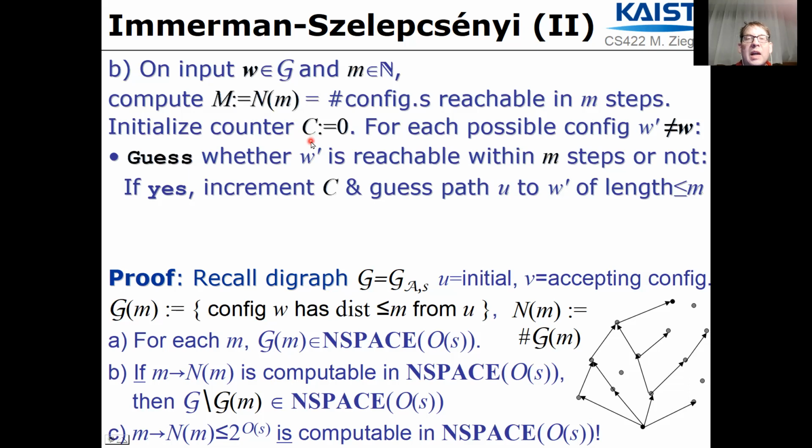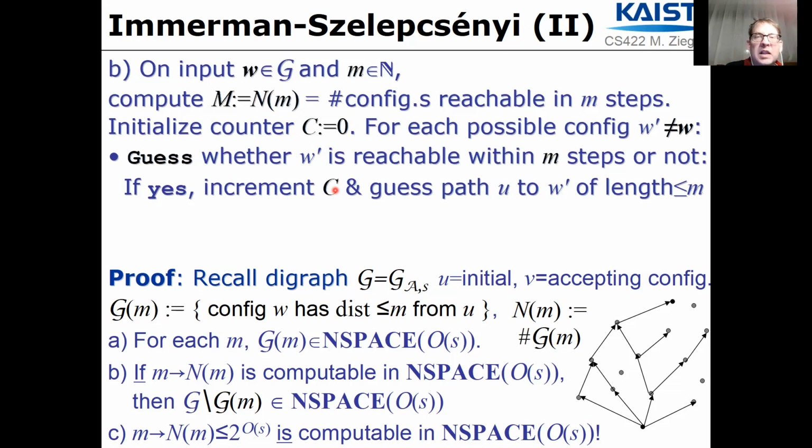The idea underlying this counter is that it counts how many configurations we have guessed to be reachable within M steps. And at the end of this big loop, we compare that counter to the actual given promised number of reachable configurations. If the two disagree, then we have made a mistake somewhere. We have made an unfortunate guess, and thus we're going to discard and abort this computation.